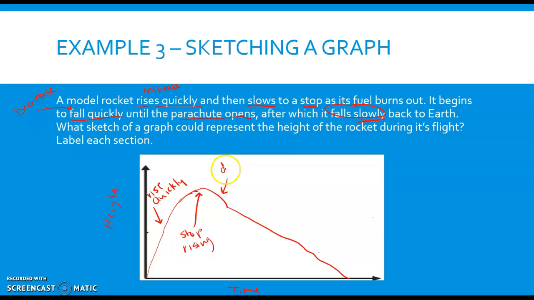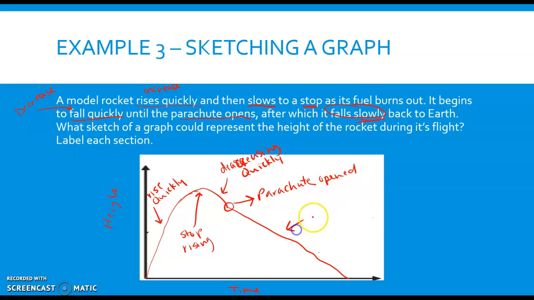Here we are decreasing quickly. Decreasing quickly. Now, at this point here, that's where the parachute opened.